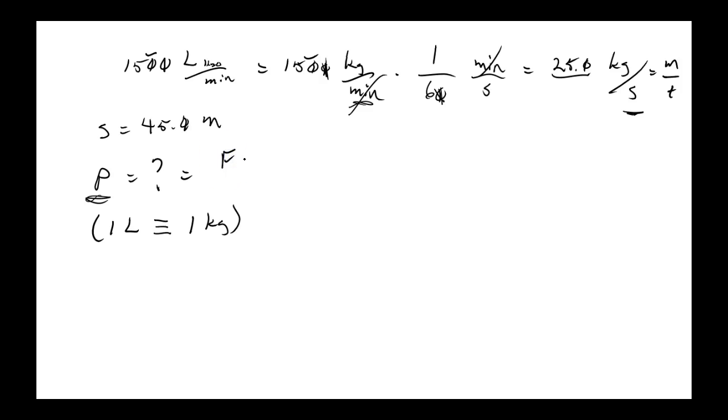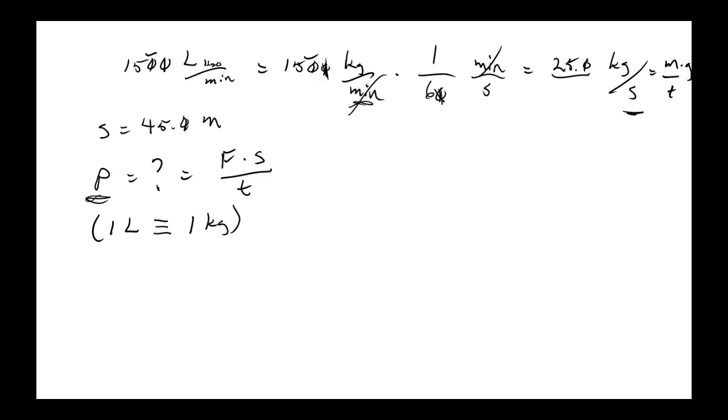Force times displacement divided by time. But we don't have a force, do we? How is force related to mass? There it is, mass times acceleration due to gravity. So if you multiply this by g, you're going to have a force there, aren't you?